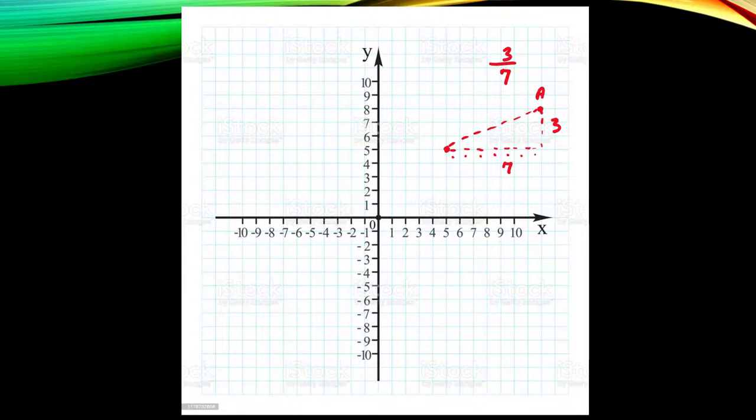So my new slope is going to be negative 7 over 3. So from this point of rotation, I'll designate it as point of rotation, I'm going to draw a line that has a slope of negative 7 over 3.